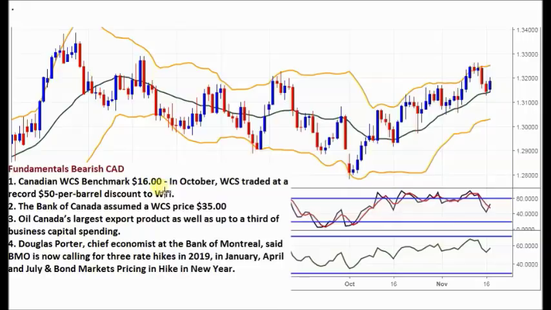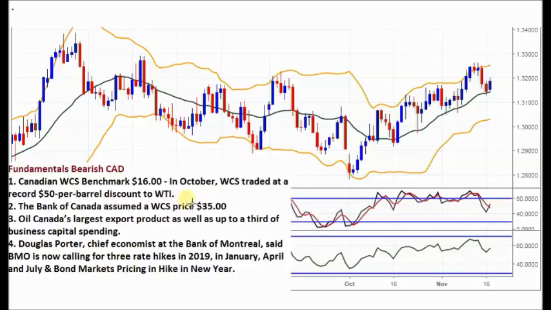We're about $16 a barrel at the moment. In October, the WCS traded at a record $50 per barrel discount to WTI. There's always going to be a discount, but Canadian oil producers do not want it too wide. It's not too far off that at the moment.